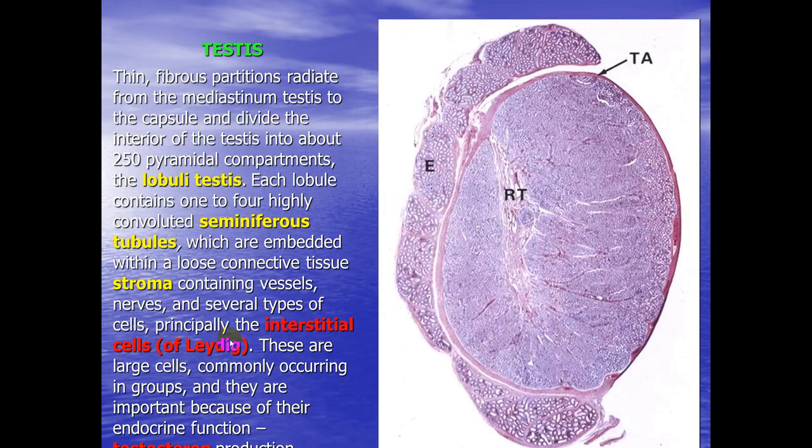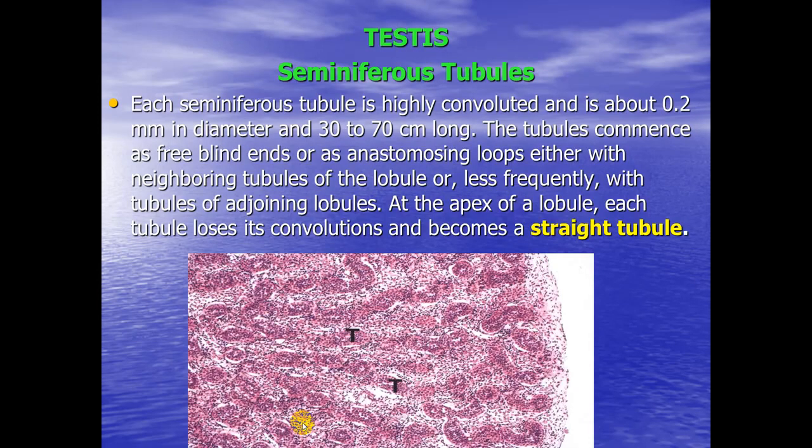Usually these cells occur in groups and they produce testosterone, the male sex hormone.